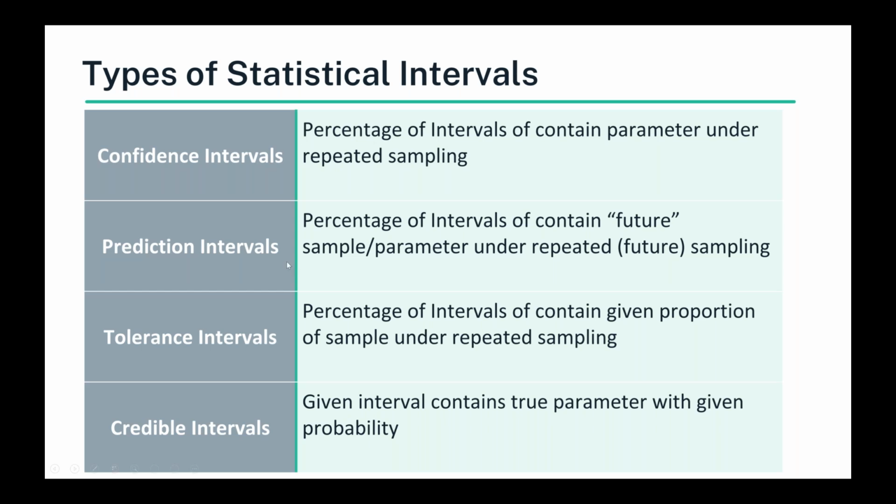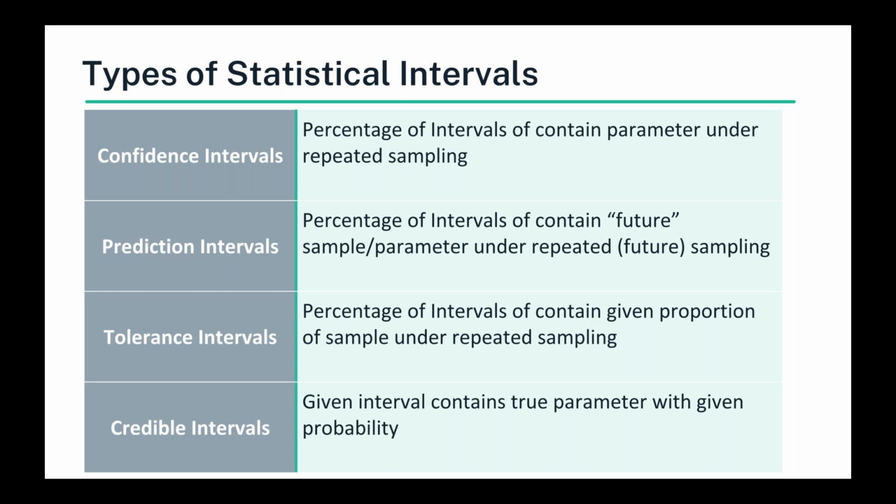Next, looking at prediction intervals. With these, your concern is the probability of a future sample being included in the interval, hence the prediction aspect. So the most common case you'll come across here is looking at a single individual future iteration.